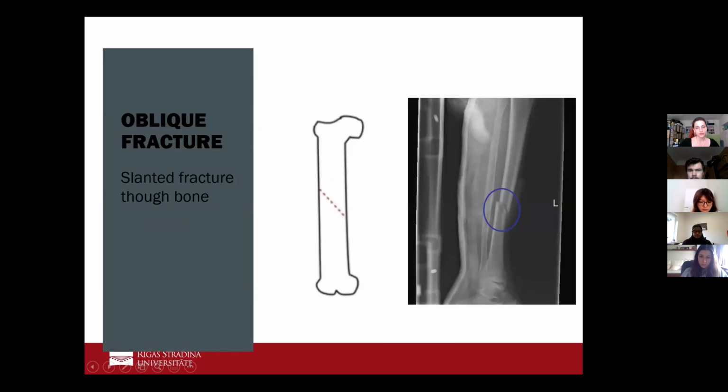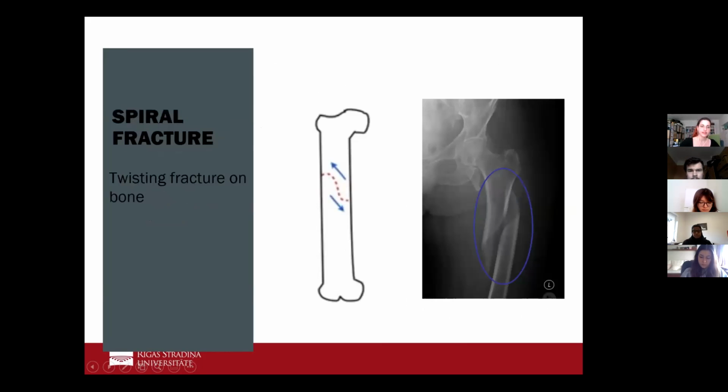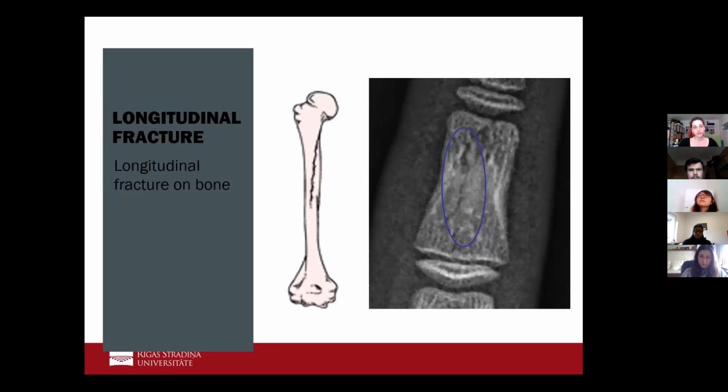The oblique fracture refers to a slanted fracture, as you can see here. Then the spiral fracture is a twisting fracture that kind of goes like a corkscrew. The longitudinal fracture is longitudinally along the bone. It's a bit rough to see on this X-ray, but I think you can make it out.